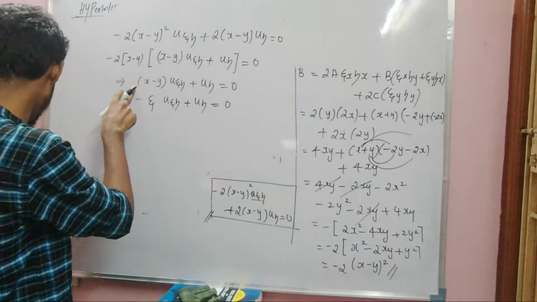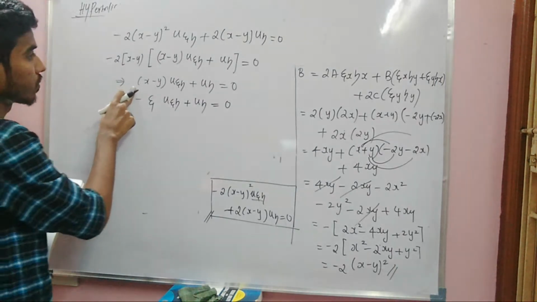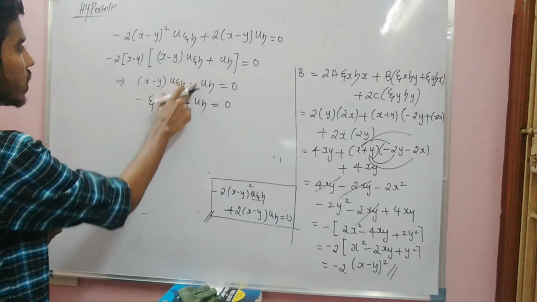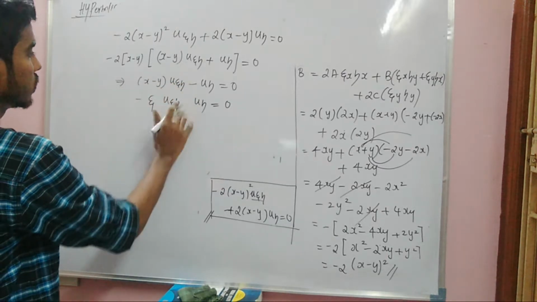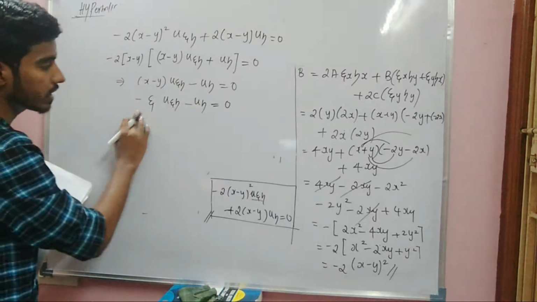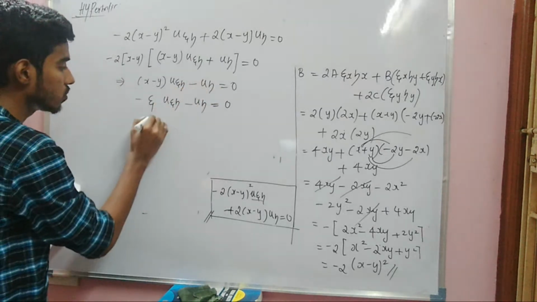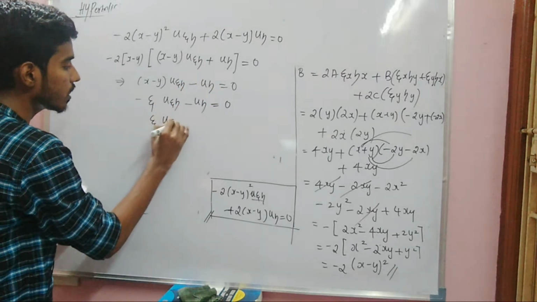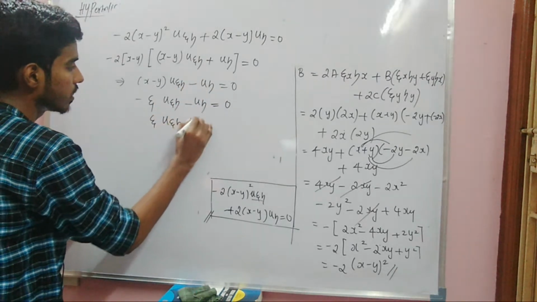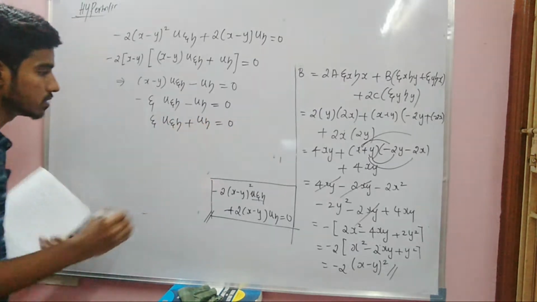If I take minus outside, I can equate that to 0. So we will have theta u theta eta plus u eta is equal to 0, right?